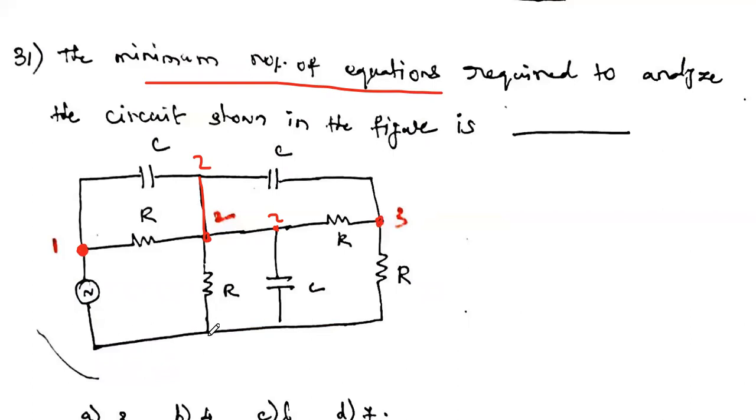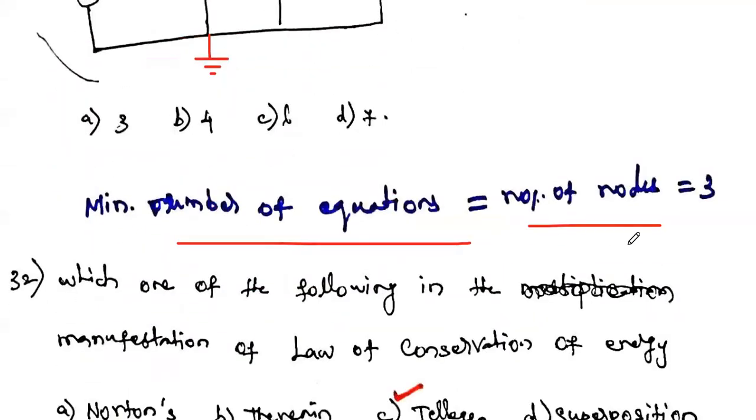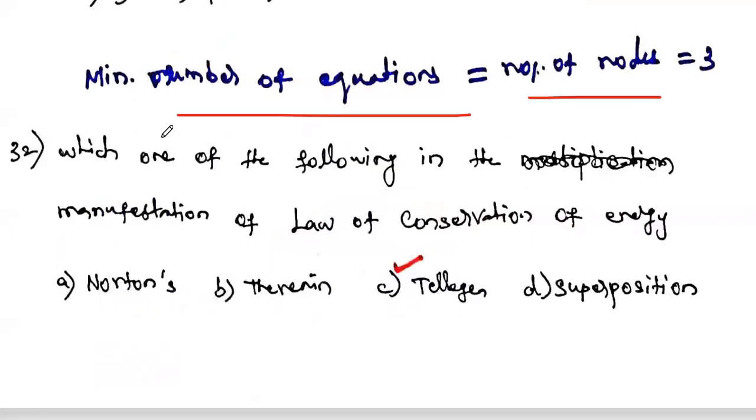This one is the reference node, which we just discard. So the number of nodes in our given circuit is 3. In order to solve this circuit, the minimum number of equations required is also 3. So 3 is the correct option.